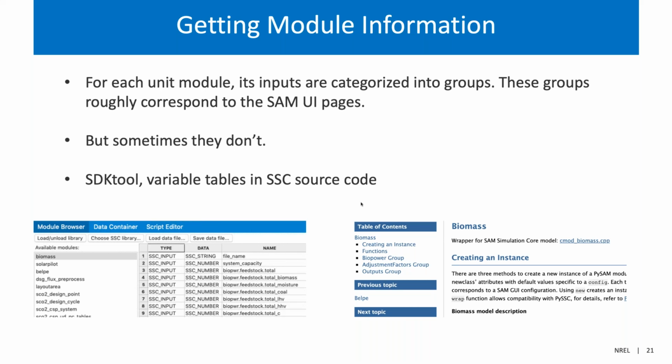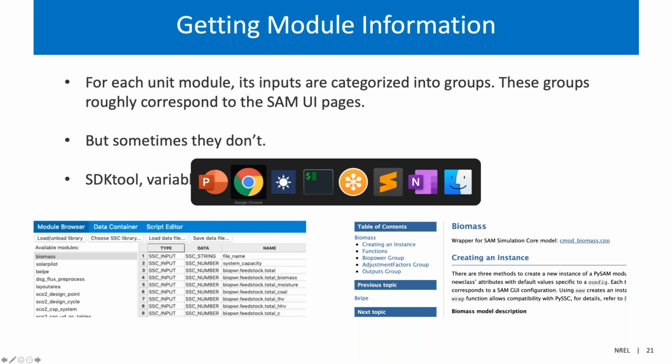The SDK tool comes with the SAM download, and it allows you to look at the inputs and outputs, as well as run simulations. And the other way to do it is to click through to the source code and look at the variable tables in the SSC source code.